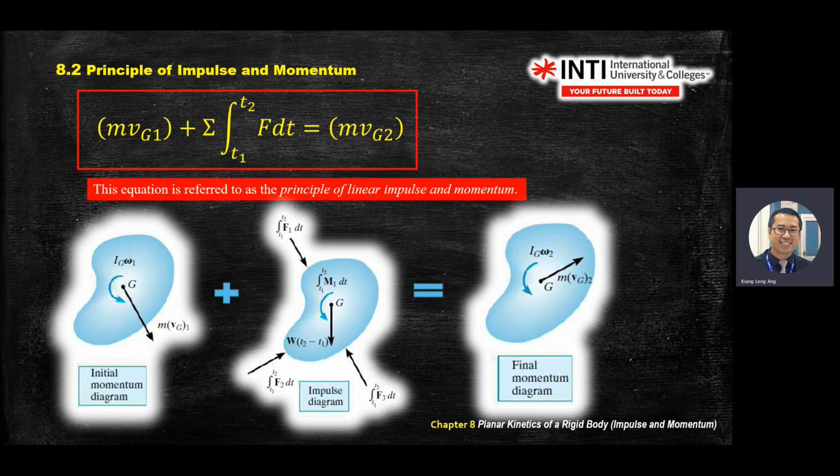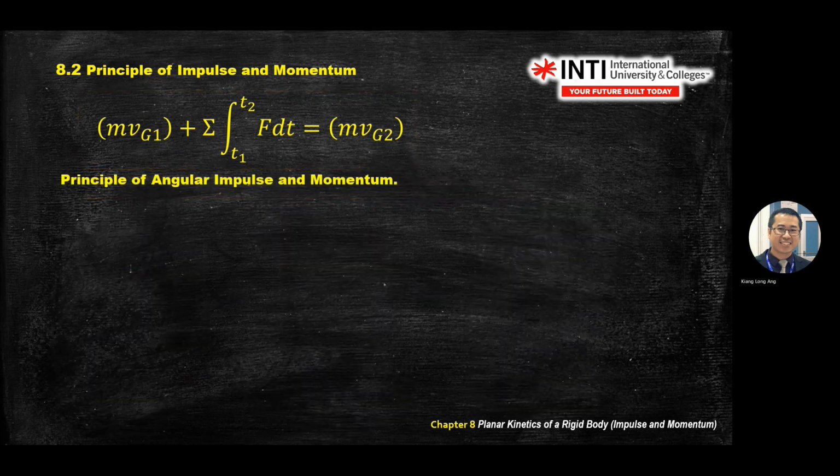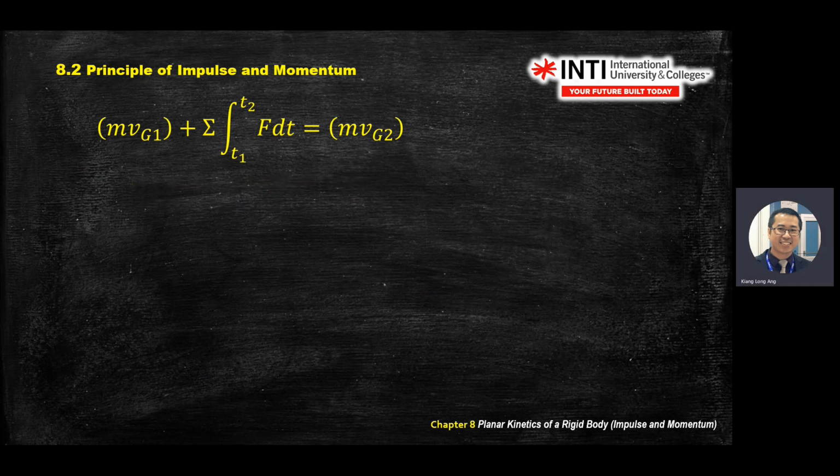Internal weight also give you impulse. Moment also give you impulse. Okay. Then equal to final momentum. Okay. Again, important is this, the one I highlight on the screen here. This is principle of impulse and momentum.